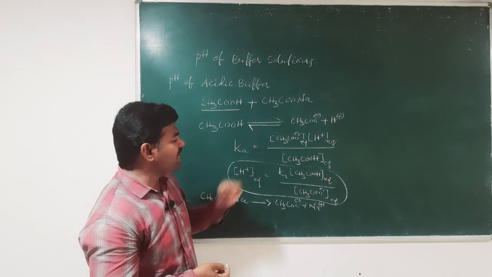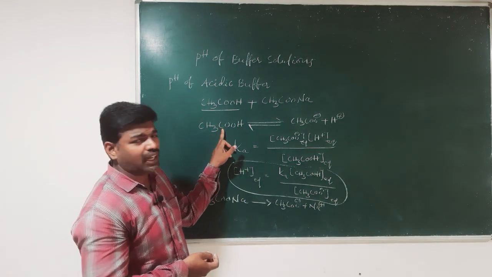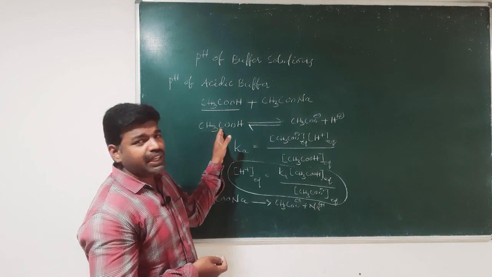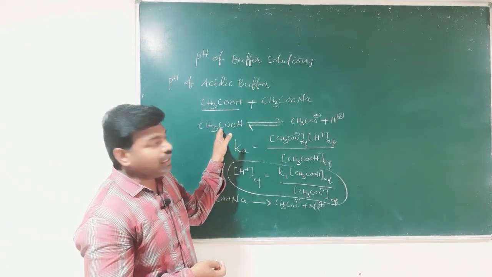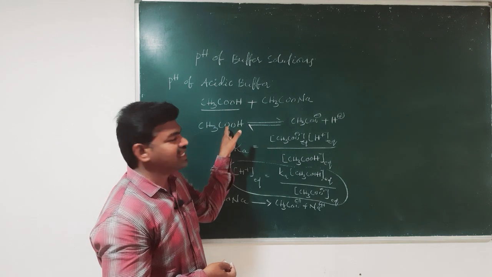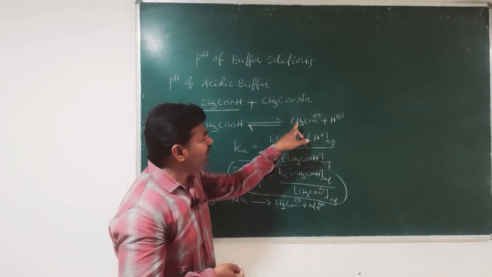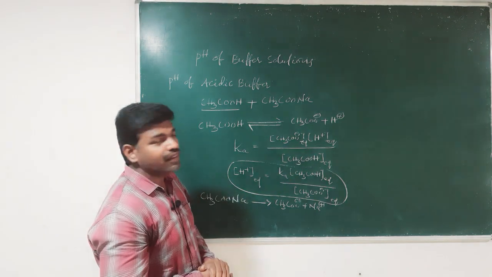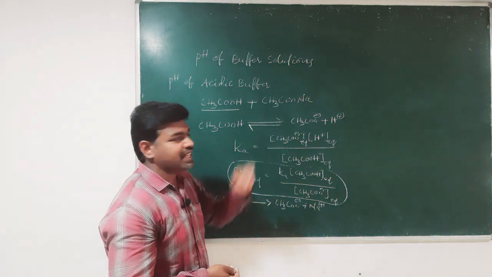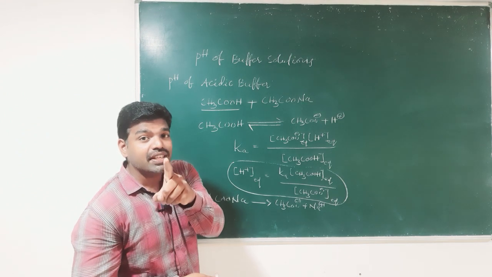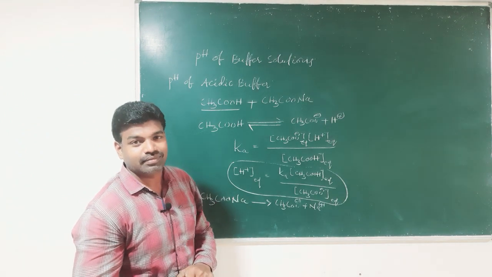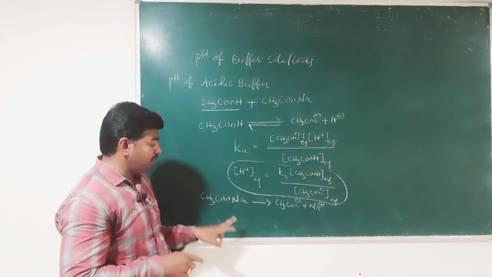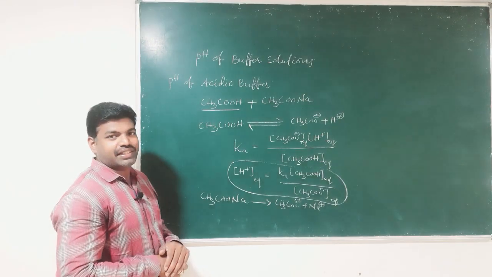Due to incomplete or feeble ionization of acetic acid, very few acetate ions are formed from the ionization of the acid, but a greater number of acetate ions are formed from sodium acetate ionization.